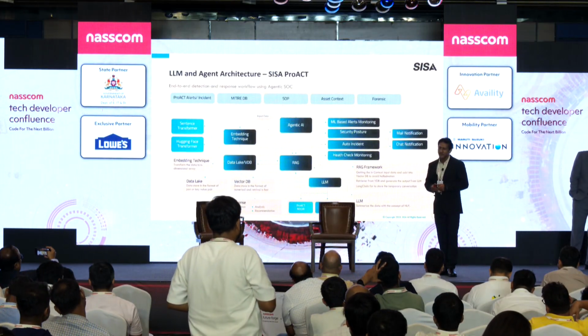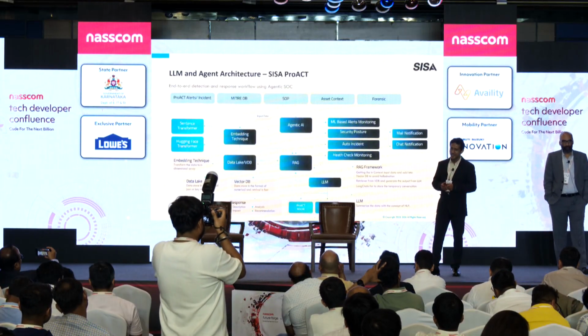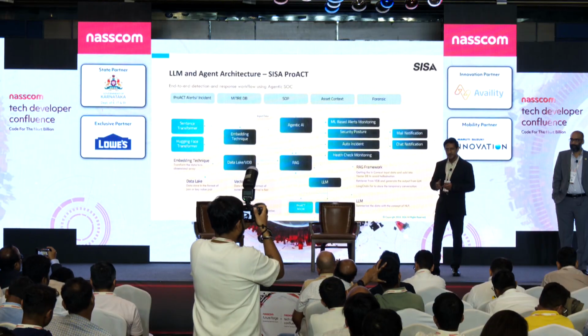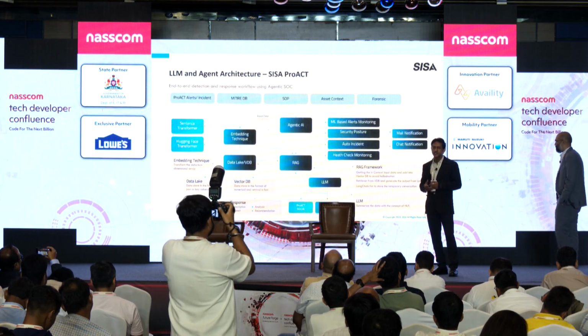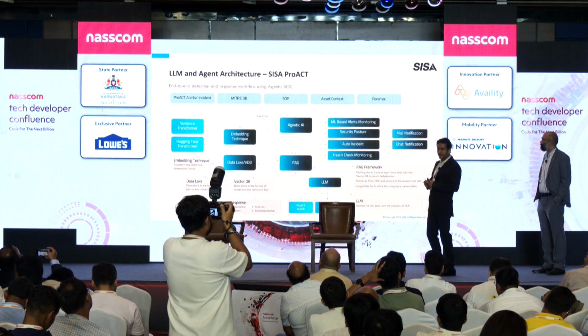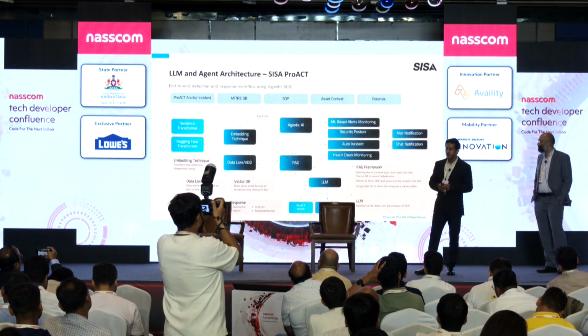We tried various LLM models. We started with Llama 3, DeepSeek, and now we are using Qwen. For different use cases we are trying different models. For the Agentic AI part, CrewAI is the framework we are using to provide the Agentic AI solutions.